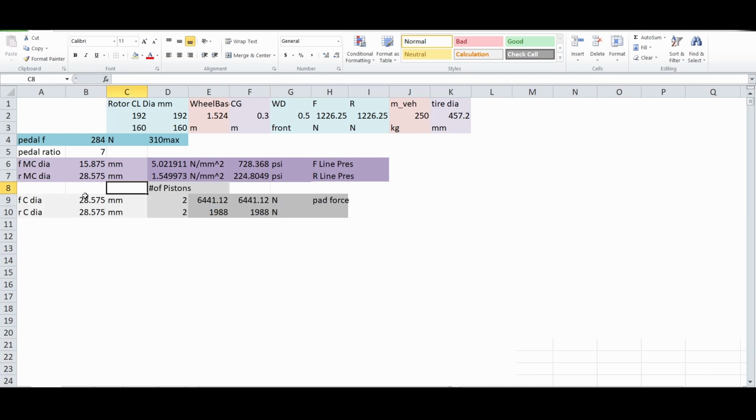So next we have the front and rear caliper diameters. Same as the master cylinders, if you're buying from a manufacturer, there's set sizes that they sell. There's no in-betweens. So in this case, a 1 1/8 caliper piston diameter. We have the number of pistons per caliper.